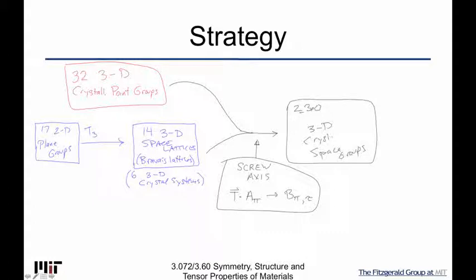And that's why this number balloons quite a bit, because there are many, many different ways with these 32 point groups and all these lattices. There's a lot of different combinations. But it's basically a lot of busy work except for this part.